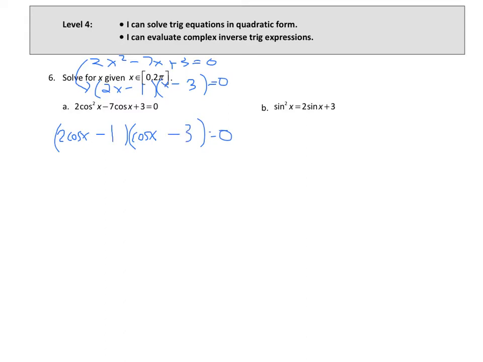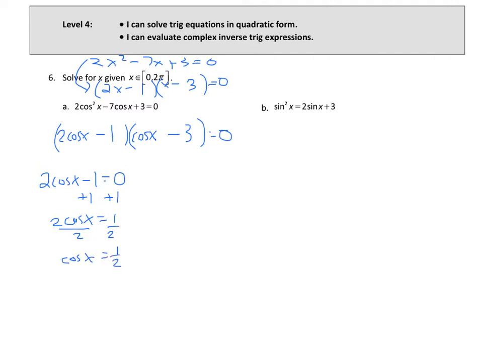Now, when we solve by factoring, we set each part equal to 0, and so we end up with two little equations that we have to solve. So first I do 2 cosine x minus 1 equals 0. I add 1 to both sides, I get 2 cosine x equals 1, divide by 2, cosine x equals 1/2.